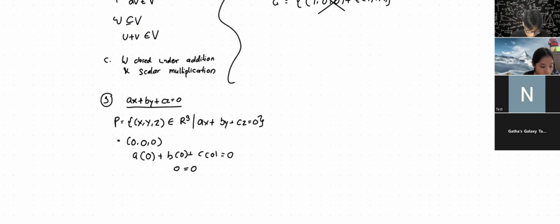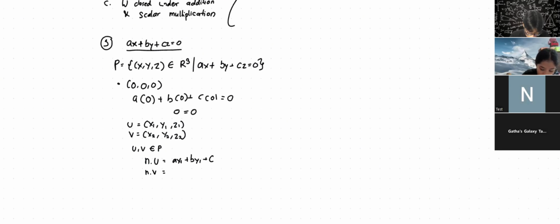Now, even if we take 2 points in the plane, the result of the addition will still fulfill that exact equation. Now, let's say like this. U is (x1, y1, z1), and V is (x2, y2, z2), where U and V are elements of P, and N times U or N times V is equal to a x1 plus b y1 plus c z1 equals 0, and a x2 plus b y2 plus c z2 equals 0.